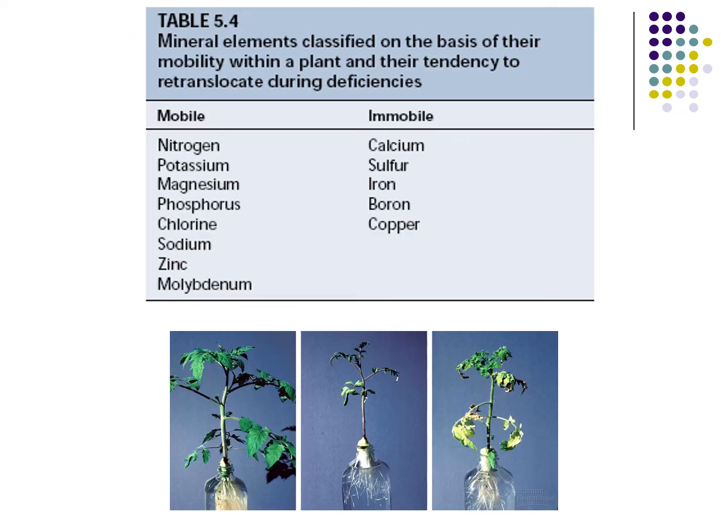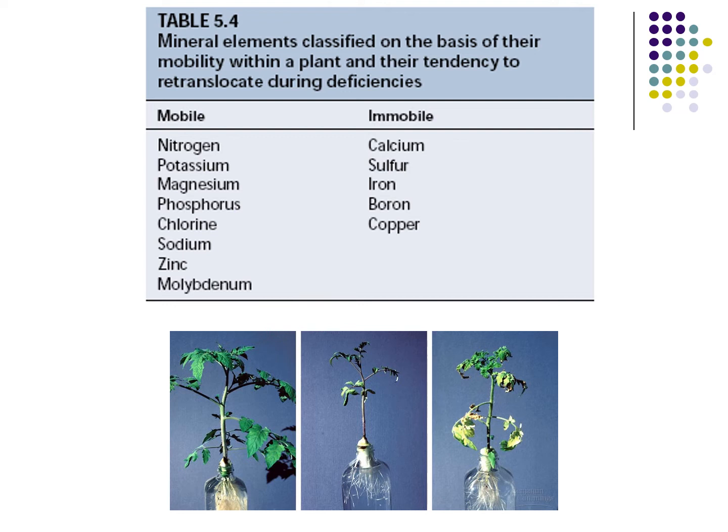Mineral deficiency symptoms depend also on the mobility of the nutrient within the plant. If a nutrient moves about freely from one part of a plant to another, then symptoms of the deficiency will appear first in older organs. Young growing tissues have more drawing power than old tissues for nutrients in short supply.